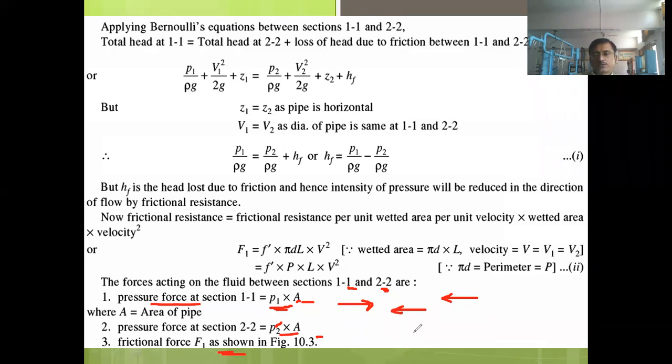So net force, जर आपण या ठिकाणी अंडर इक्विलिब्रियम कंडिशन काय होईल, we can write this equation as P1 into A, area, is equal to F1 plus P2 into area. Like this we can write. Or जर हे दोन्ही एका साइडला घेतले तर या ठिकाणी मायनस येईल, या ठिकाणी मायनस येईल, इक्वल टू 0. Like that equation we can write.